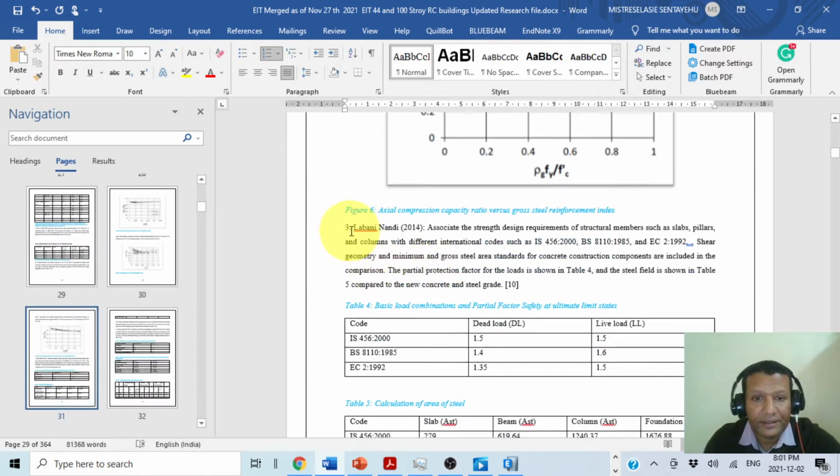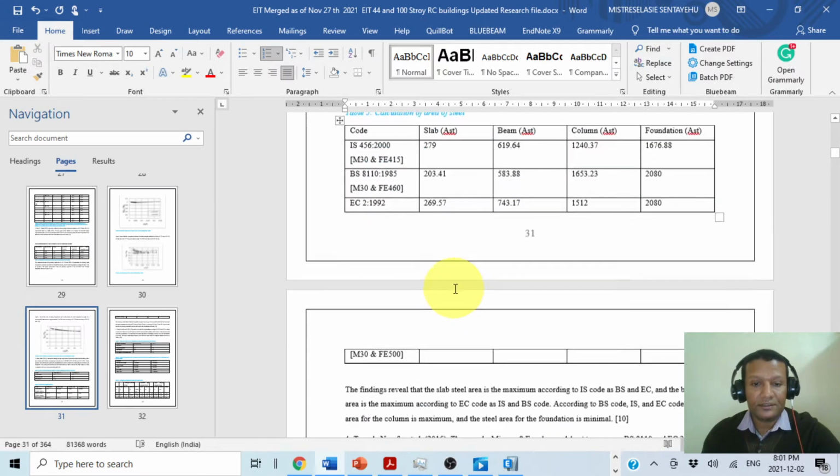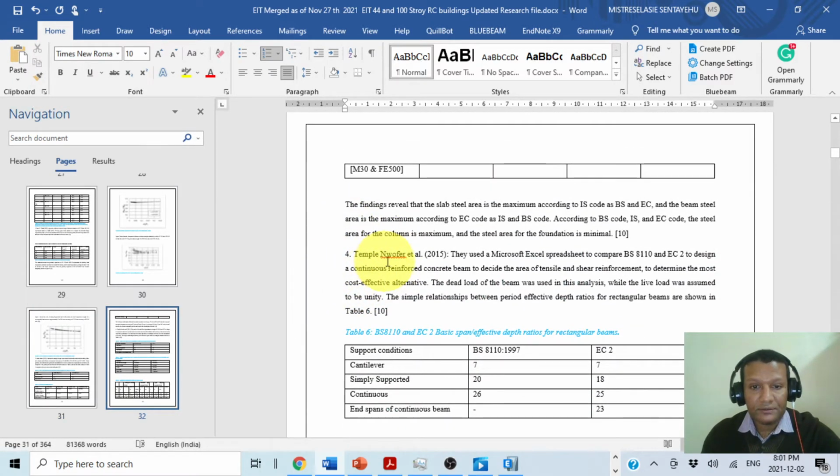Again, Labani Nadi 2004 associated the strength design requirements of structural members such as slabs, pillars and columns with different international codes such as IS 456 2000, BS 8110 1995 and European Code 2 1996. So there is huge work again. Temple Newfor et al. 2015 used a Microsoft Excel spreadsheet to compare BS and EC2.